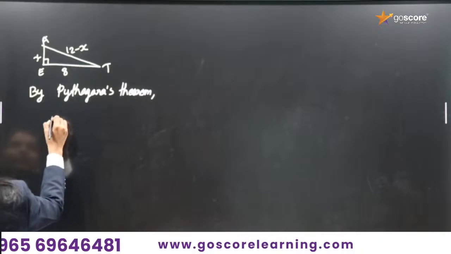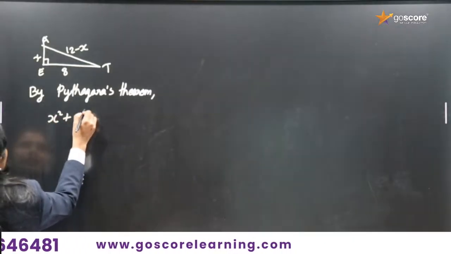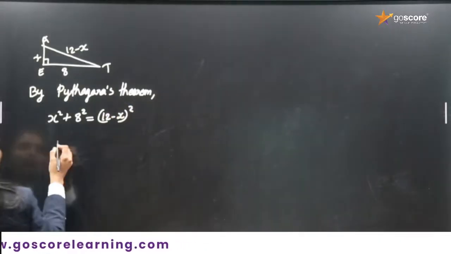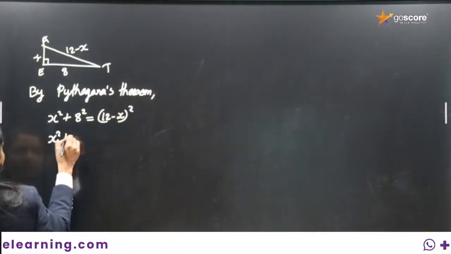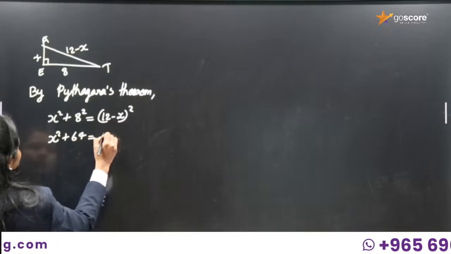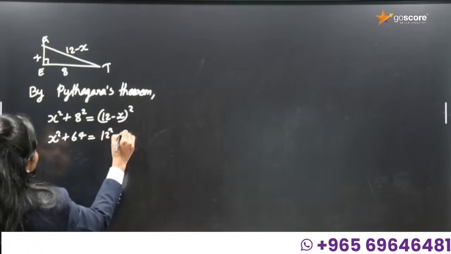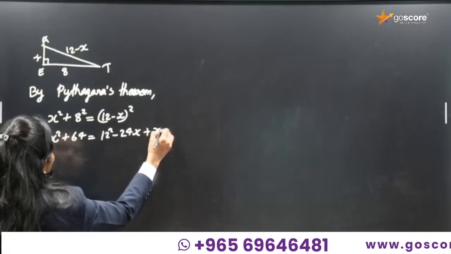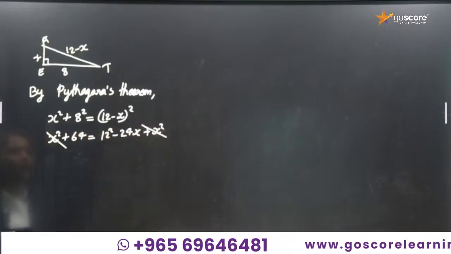we will be getting x square plus 8 square equal to 12 minus x the whole square. So x square plus 64 is equal to 12 square minus 24x plus x square. From this we can cancel these x squares.